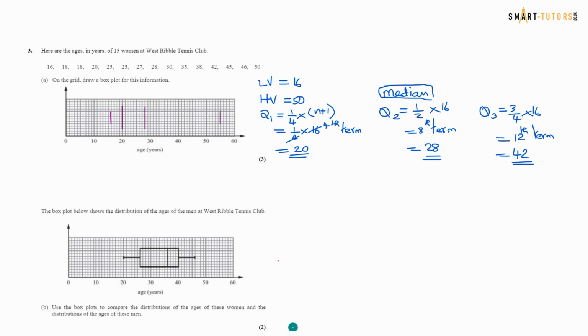Then 42 is like that. Actually, that's a nice diagram. Right, so you need to draw the box from Q1 to Q3. Then you need to connect the midpoint.